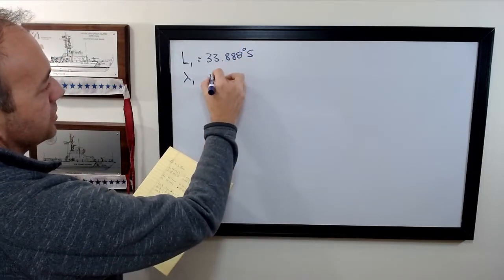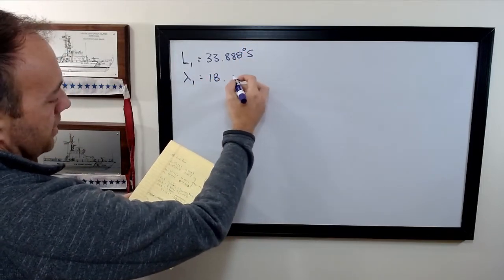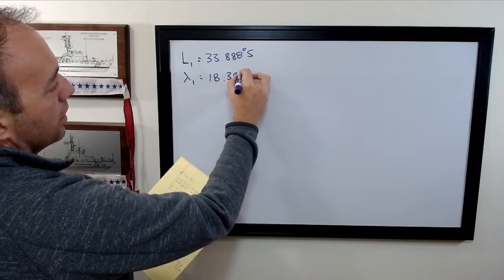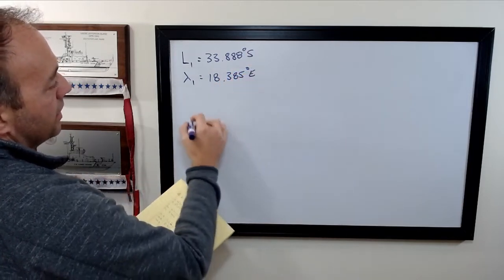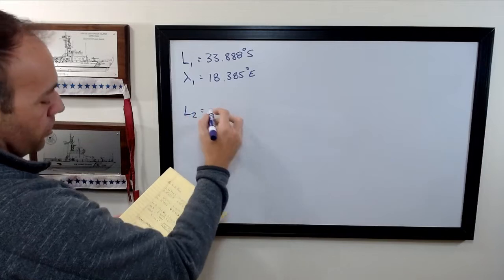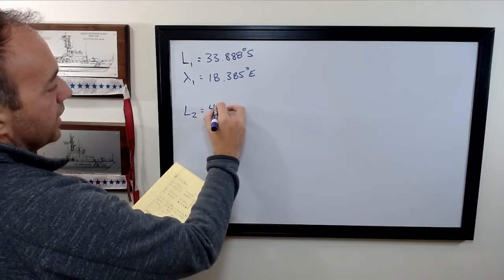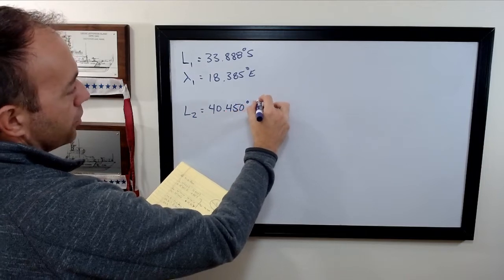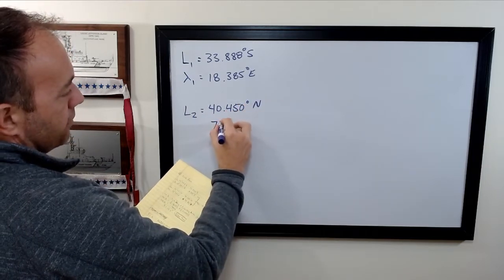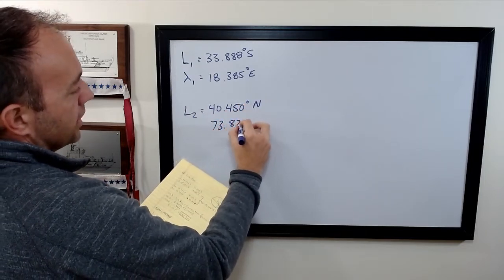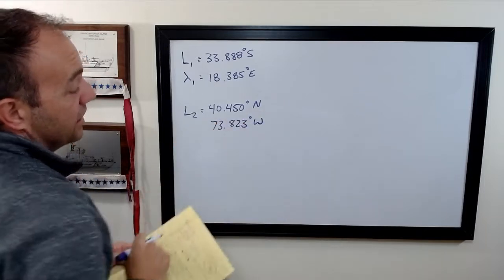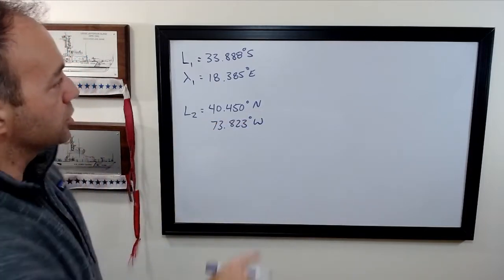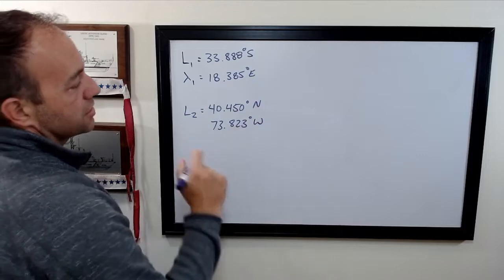Longitude 1 is 18.385 degrees east. And then latitude 2 is 40.450 degrees north and longitude 2 is 73.823 degrees west. So this is a pretty rad one because we're changing hemispheres twice.